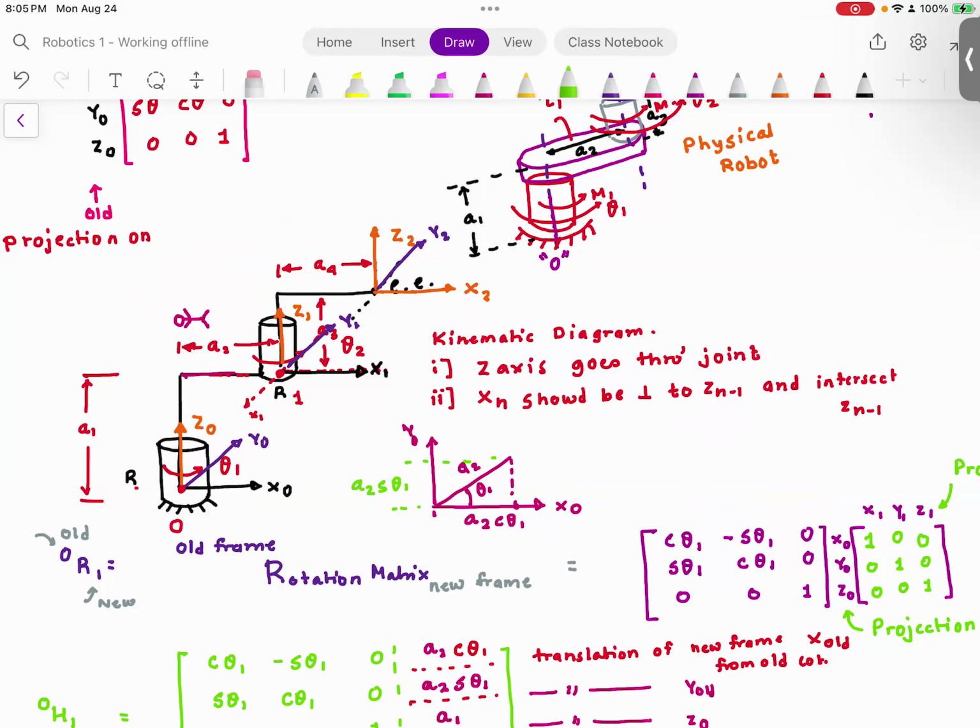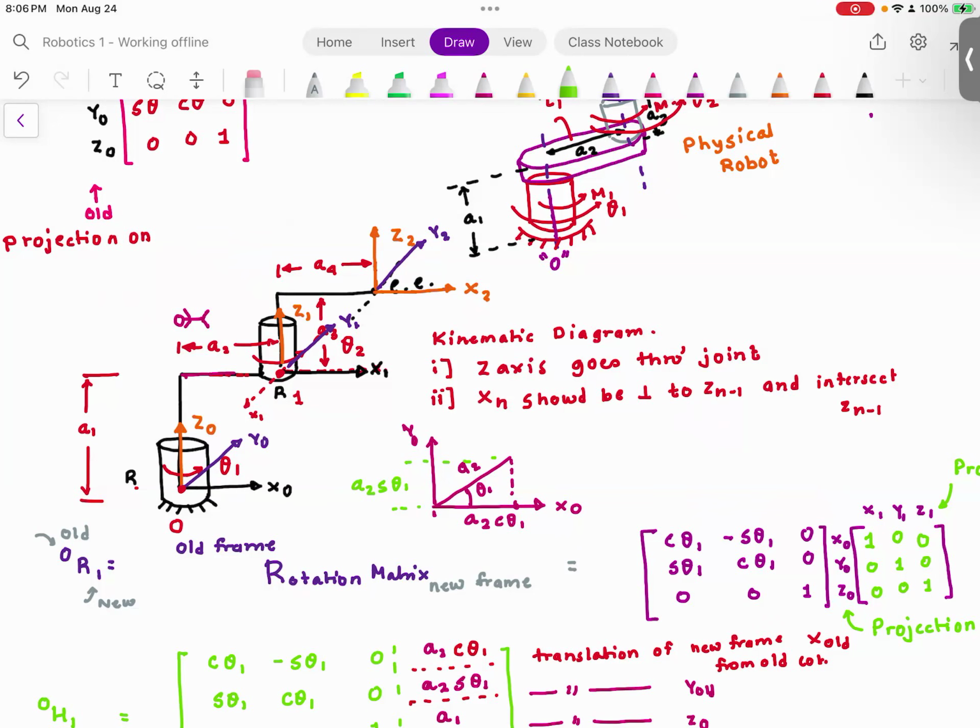But now the projection matrix will be x2, y2, z2 and x1, y1, z1. Do you agree with me? However, since we decided when we were solving the problem, note x2, y2, z2 aligns with x1, y1, z1, which means the projection matrix will be unity.